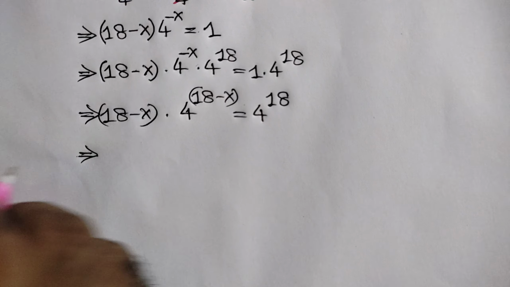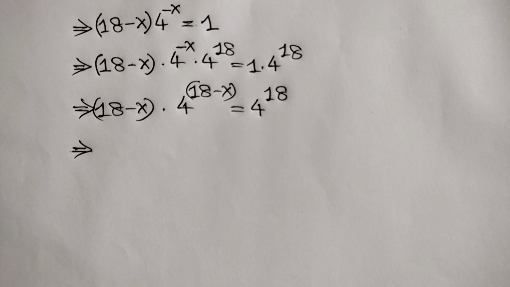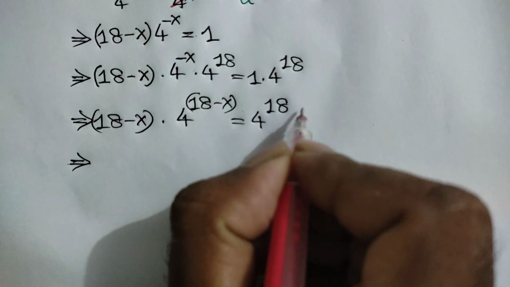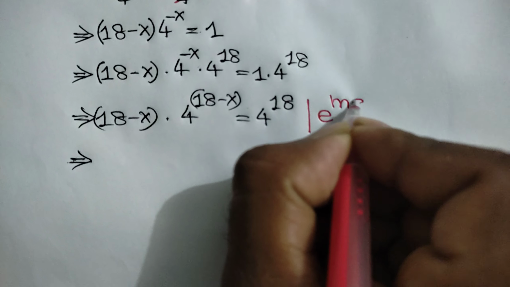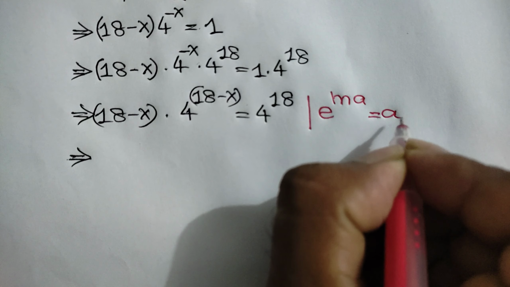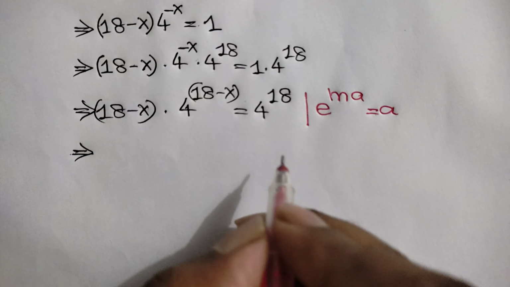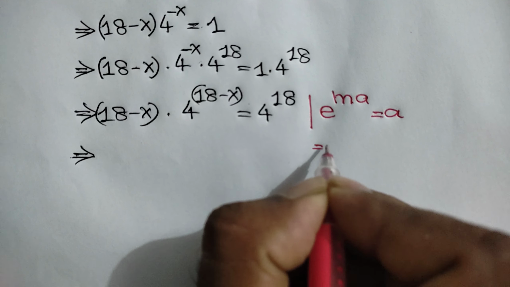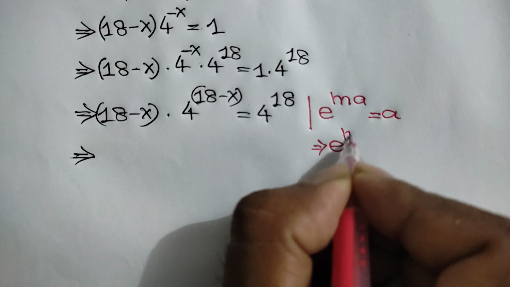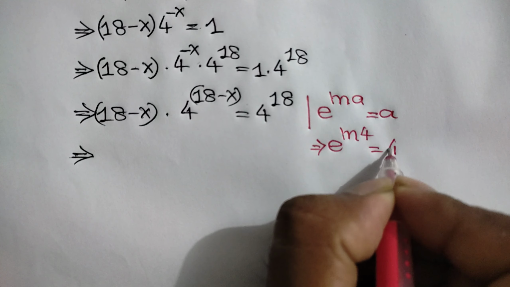Now if we apply this formula, e to the power ln of a is equal to a, so putting a is equal to 4, we can write e to the power ln of 4 is equal to 4.